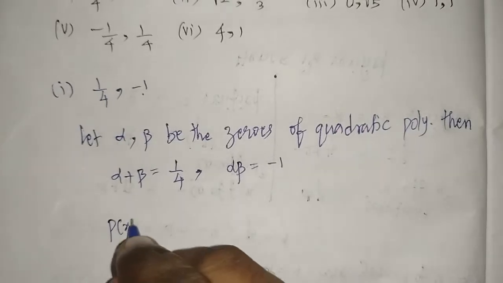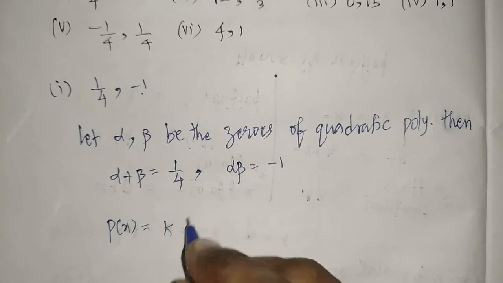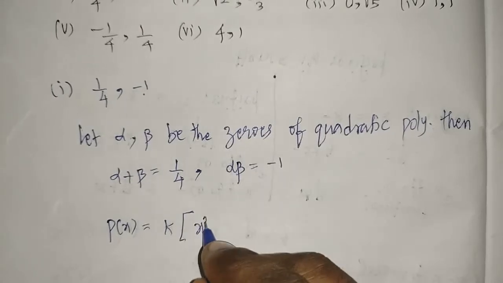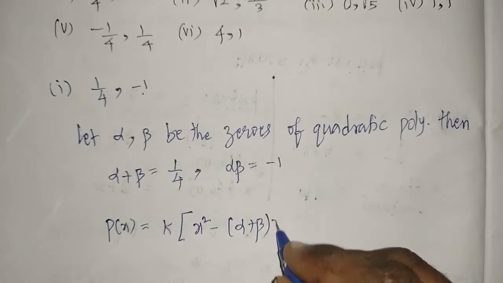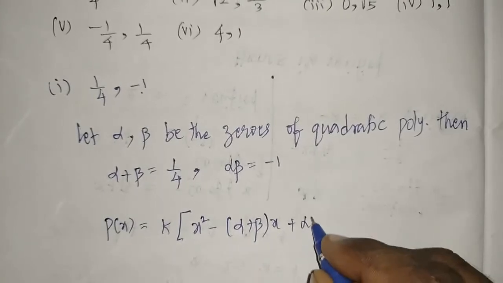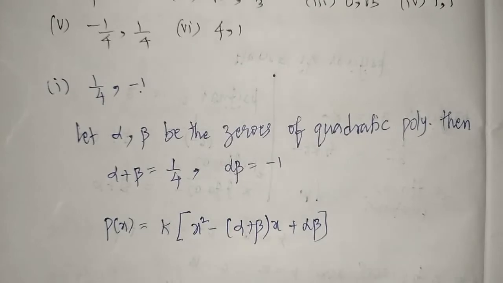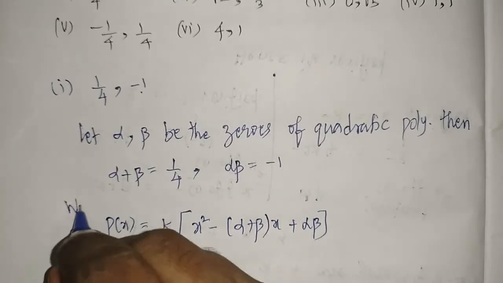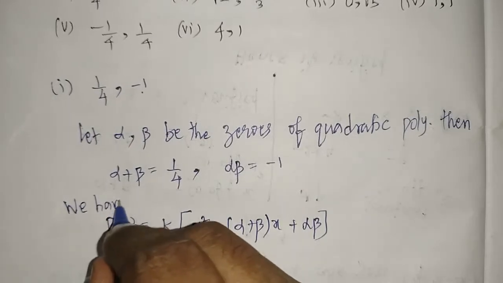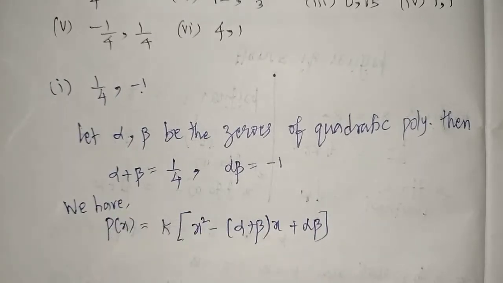So p of x is equal to k into x square minus of alpha plus beta into x plus alpha beta. Actually this is the standard form of a quadratic polynomial. This you have to write. Now we have the formula in our hand, so I'm going to substitute alpha plus beta and alpha beta in this formula.